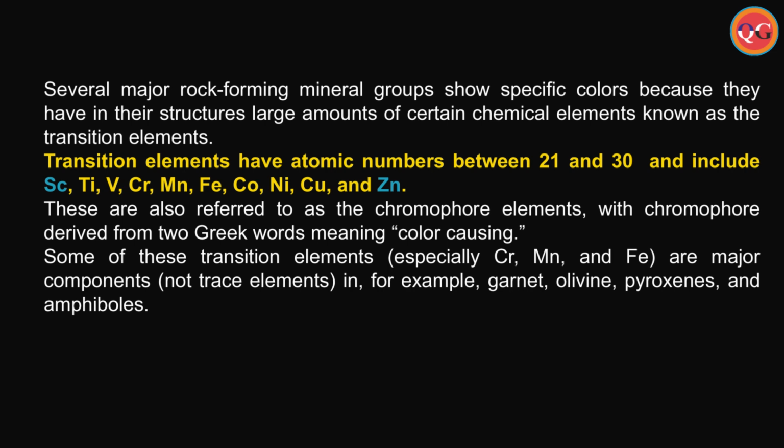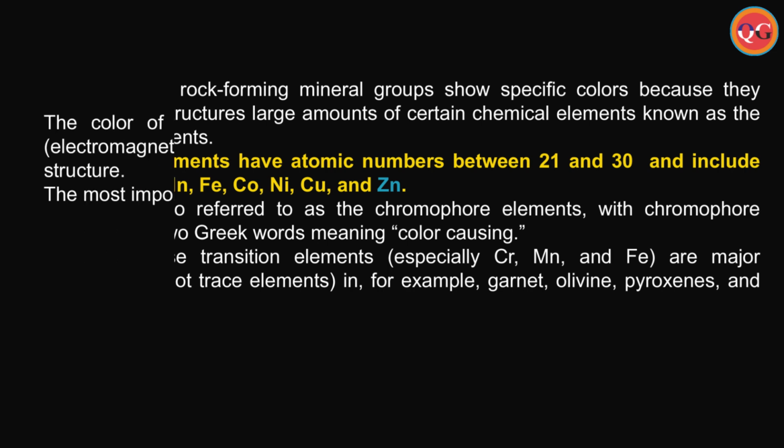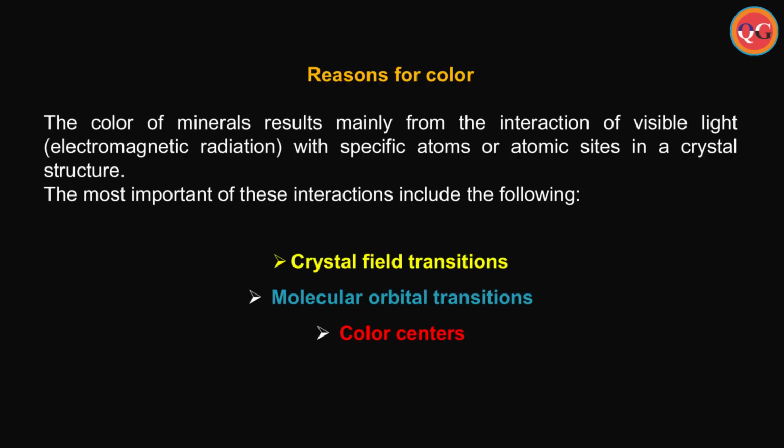These are also referred to as the chromophore elements, with chromophore derived from two Greek words meaning color-causing. Some of these transition elements, chromium, manganese, iron, are major components, not trace elements, in, for example, garnet, olivine, pyroxenes, and amphiboles. Reasons for color in minerals.